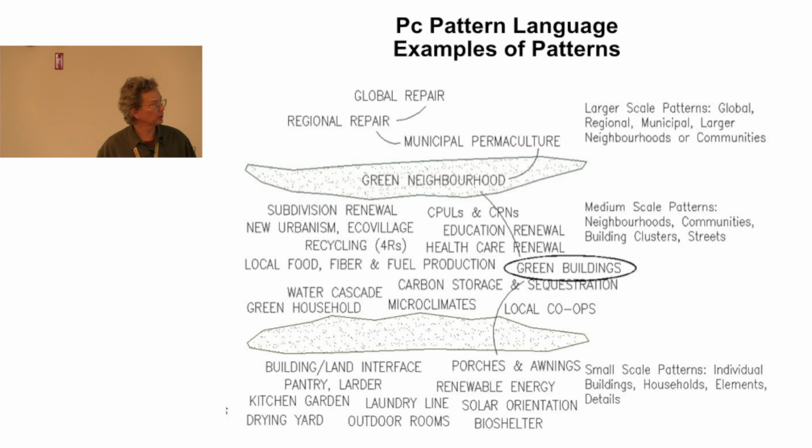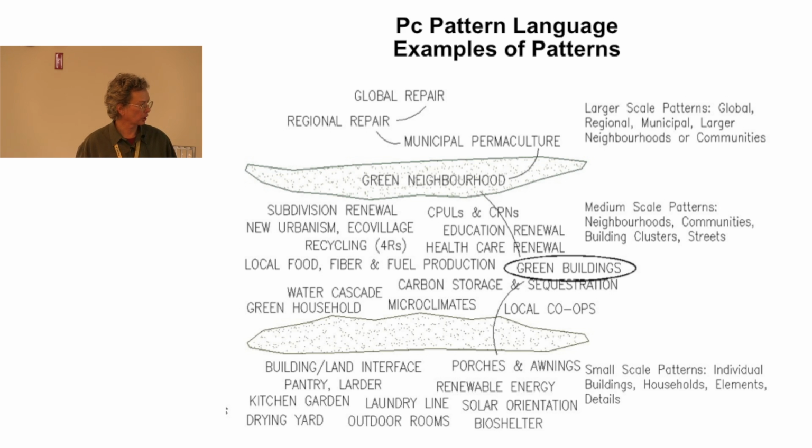Let's take a look at green buildings. So these are some of the patterns associated with green buildings. We're looking at pantries and kind of designing our spaces in houses to fit with the evolving environmental movement. So we can look at pantries now. Certainly renewable energy is part of the house construction usually.